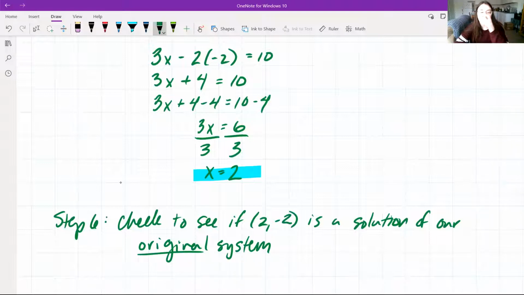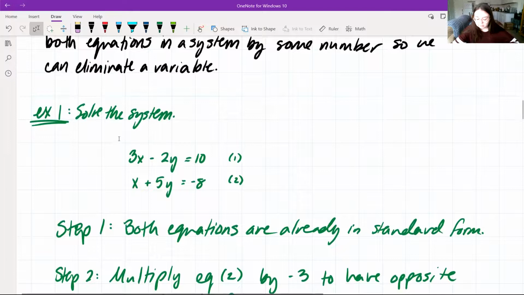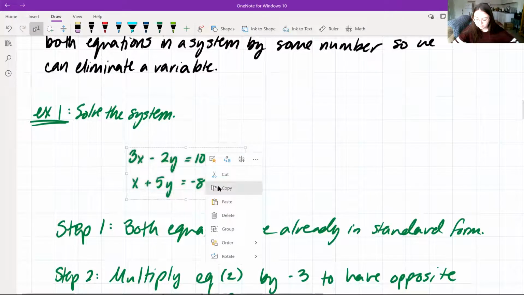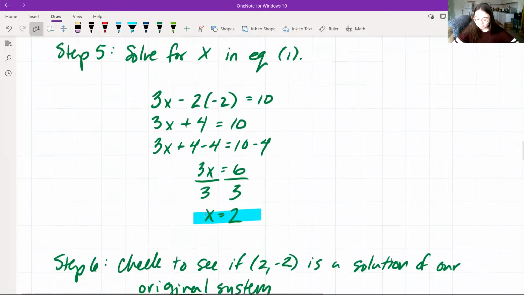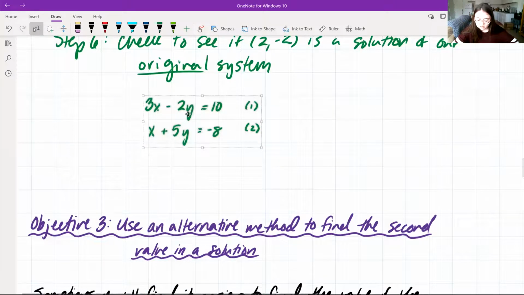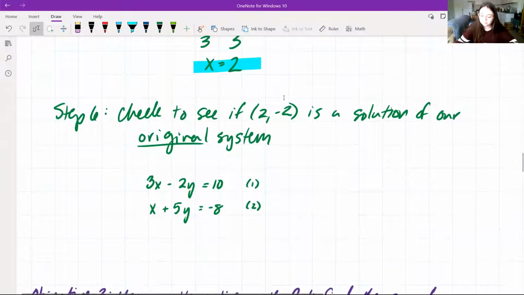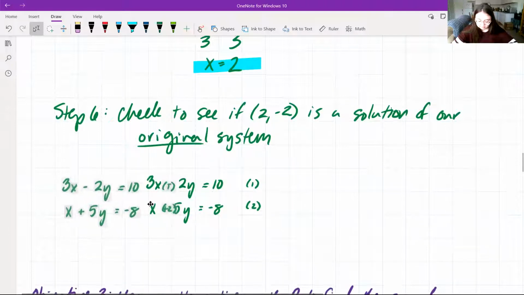Our original system will be equations 1 and 2, where we saw equations 1 and 2 are 3x minus 2y is equal to 7, and x plus 5y is equal to -8. So we can go ahead and paste these in. These were our original system. So let's actually scoot them over a little bit.